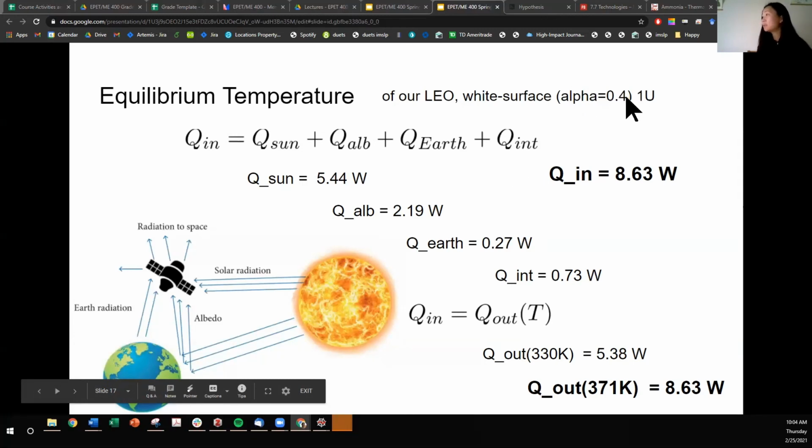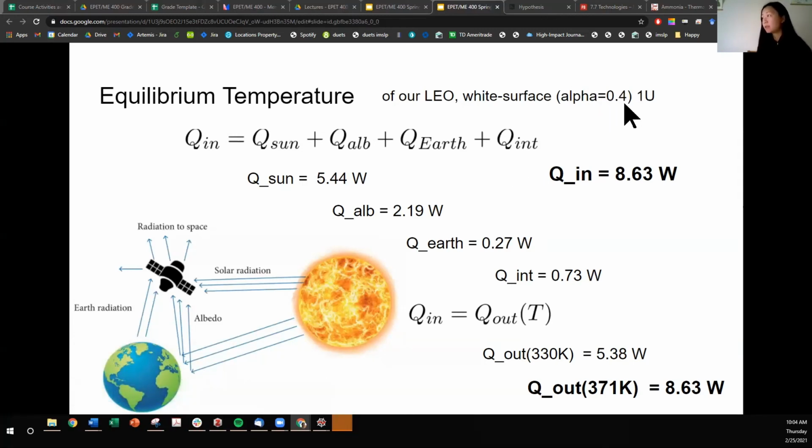We're going to toggle alpha to be, instead of 0.4, 0.2. If we were to toggle alpha, then the amount of heat coming into the spacecraft changes, so you paint the spacecraft with a better white paint that's more reflective, less absorptive.